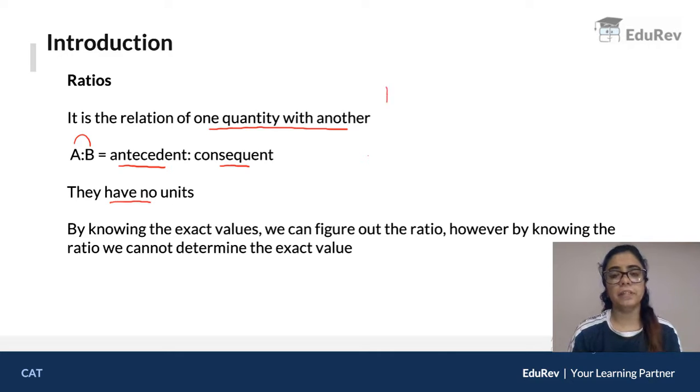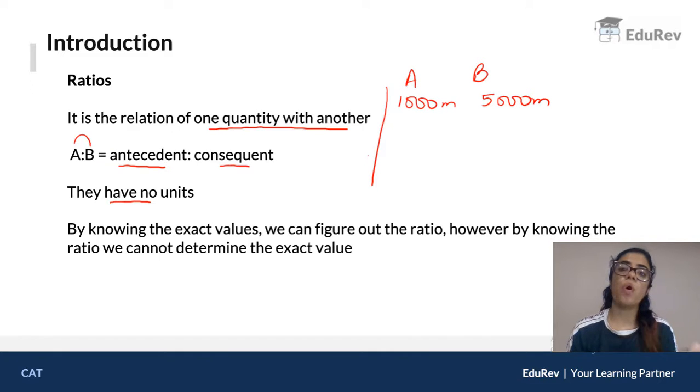Say for example, let's say I have two people, A and B. ठीक है, A traveled a distance of 1000 meters. ठीक है, B traveled a distance of let's say 5000 meters. I ask you, what is the ratio of A is to B? So when I say ratio, we have to reduce these numbers into the lowest quantity.